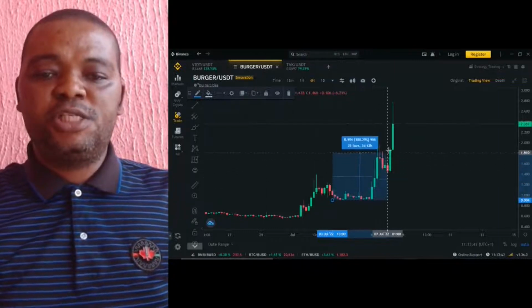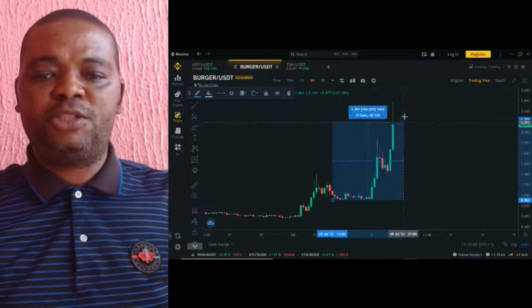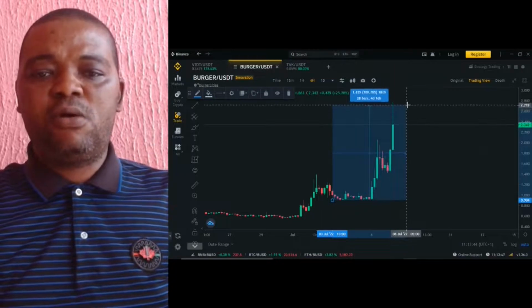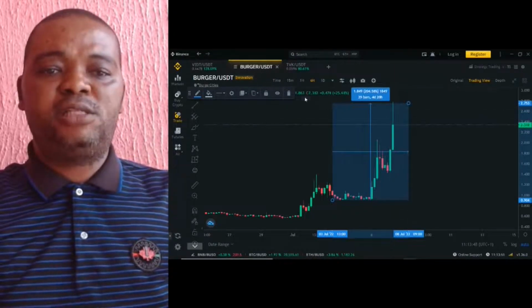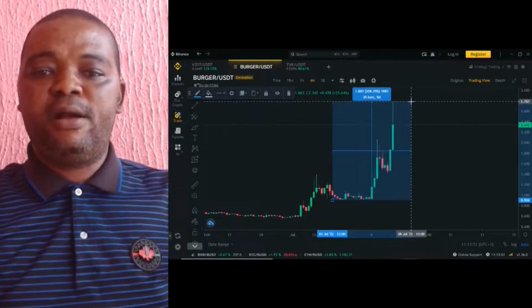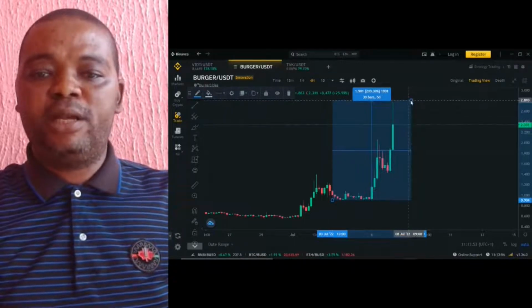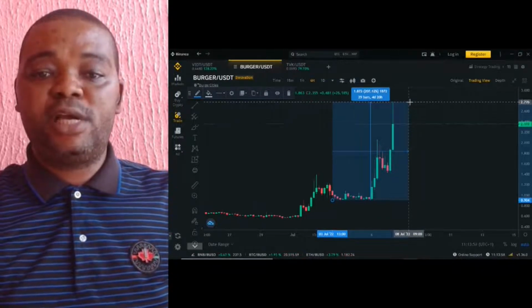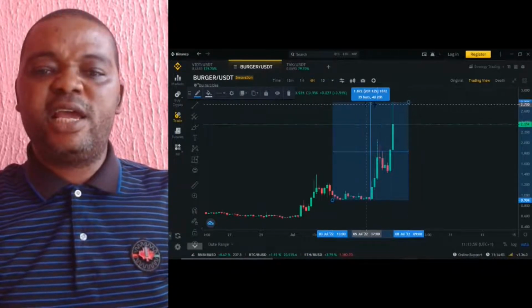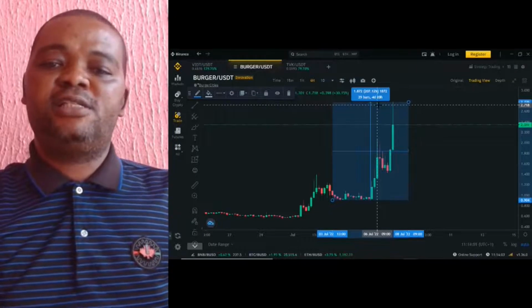So as you can see on the candlestick price chart data, the most current bullish trend section of the Barber USDT cryptocurrency pair bounced up by approximately 207% in 4 days. This is amazing already.